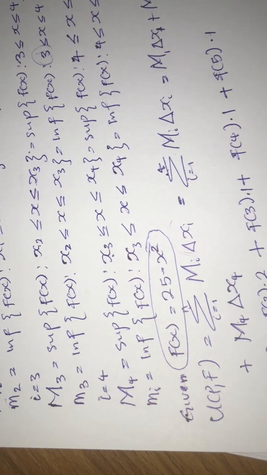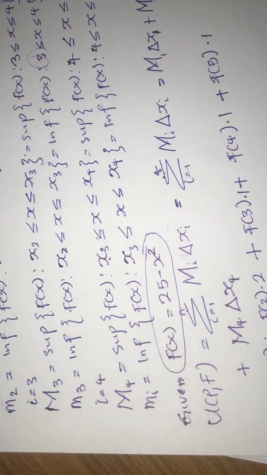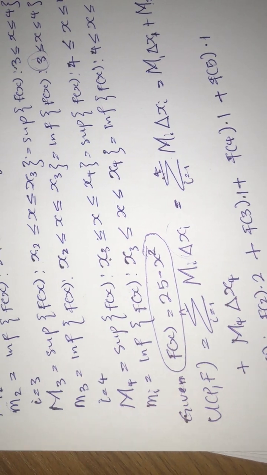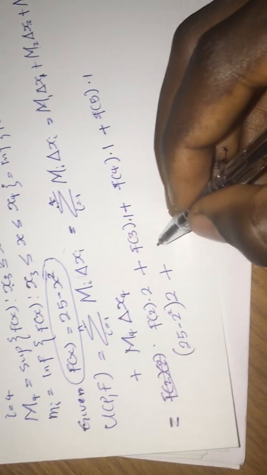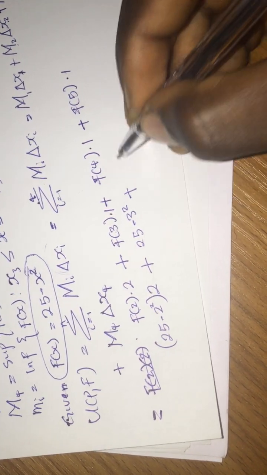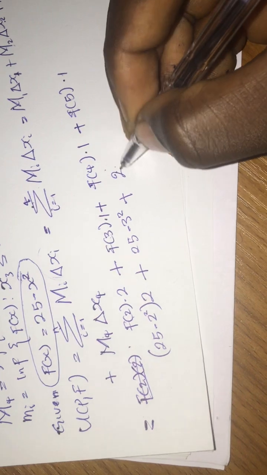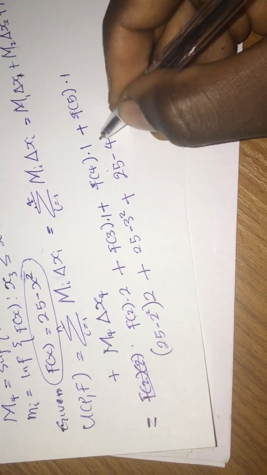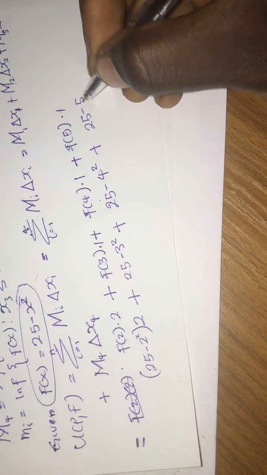Recall that I said we should take note of the function given. f of 2 will be 25 minus 2 squared, everything times 2. Then plus f of 3, which is 25 minus 3 squared. Then plus f of 4, which is 25 minus 4 squared. Then plus 25 minus 5 squared.